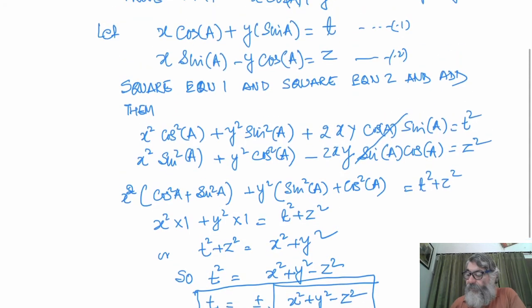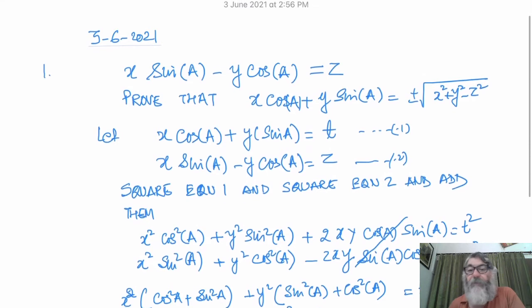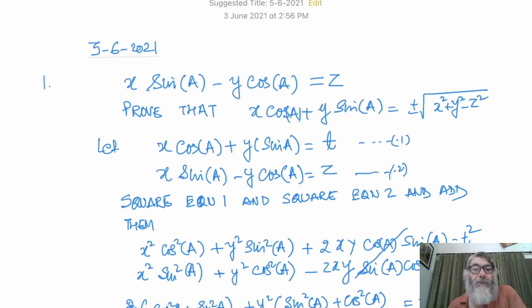Now please just see the question. It was given x sin A minus y cos A is equal to z, and we had to prove that x cos A plus y sin A is equal to plus minus under root x square plus y square minus z square. So we assumed this to be t. It's a little difficult to carry this forward directly, so we squared it.